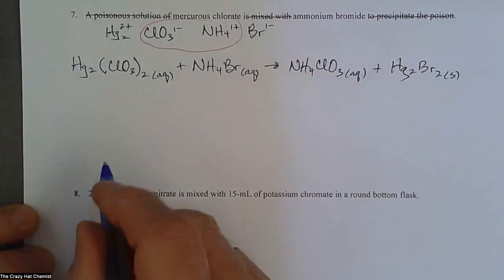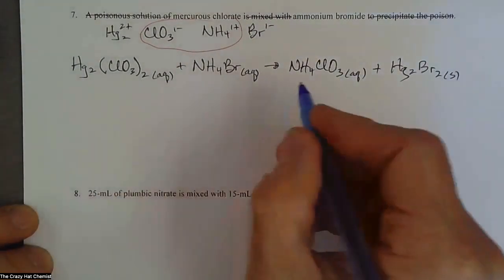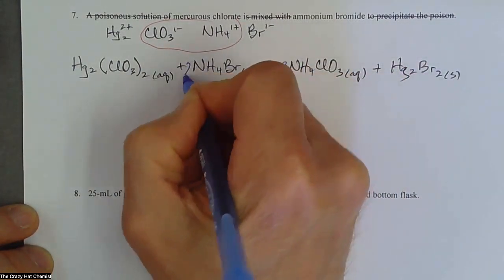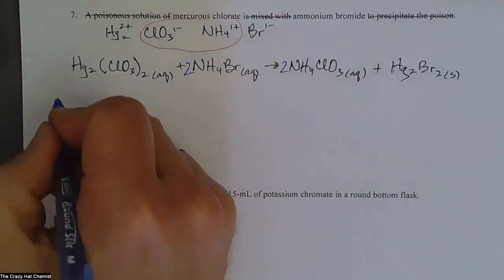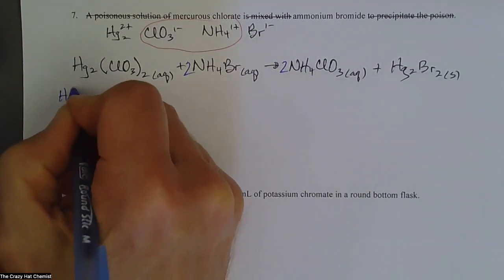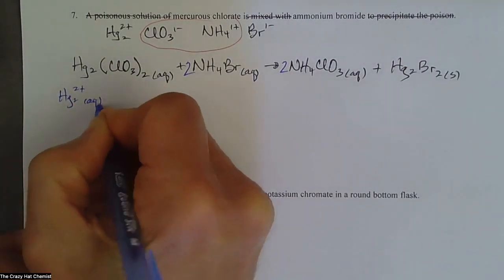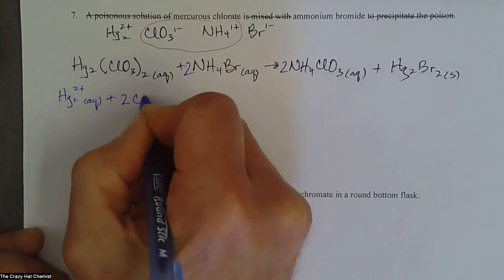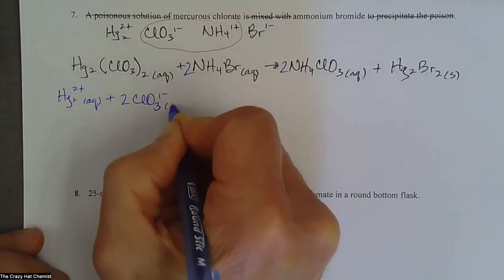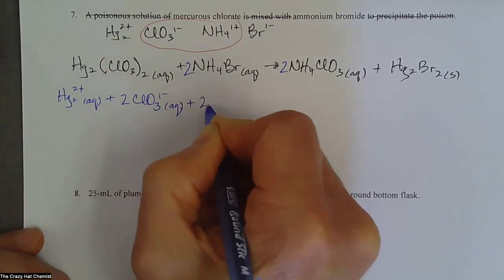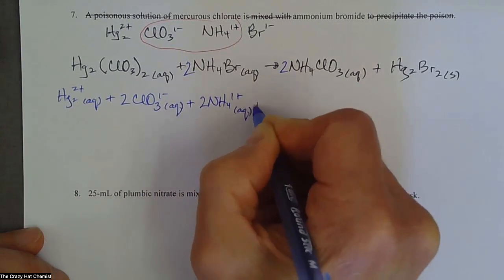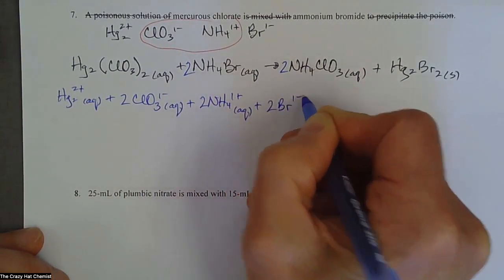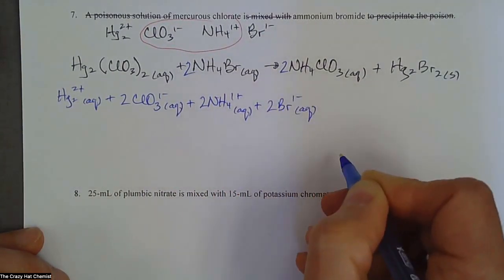What are we going to do? We're going to put a 2 right here and a 2 right there, and then we've got a great balancing going on. So we're going to have Hg2 2+ aqueous, plus 2 ClO3 1- aqueous, plus 2 ammonium ions aqueous, plus 2 bromide ions aqueous.